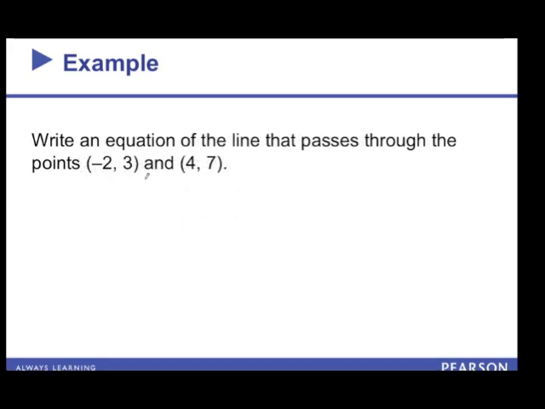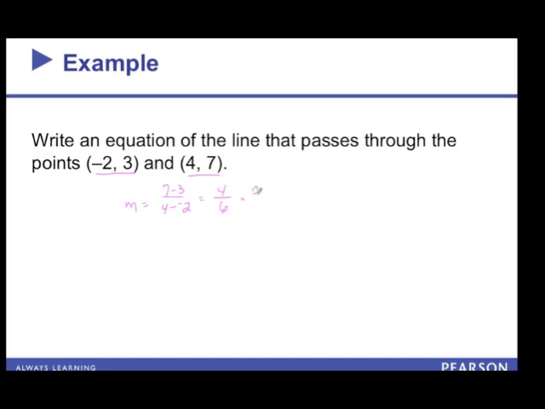Here they give us just two points, and we need to find the equation of the line. Well, we know how to find the slope. Remember, it's rise over run, so change in y, 7 minus 3, over the change in x, 4 minus -2. So we'll have 4 minus -2, that's like plus 2, 6.